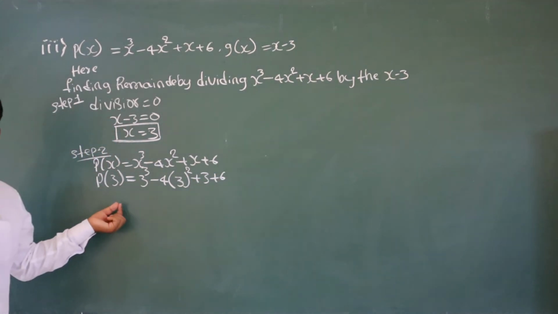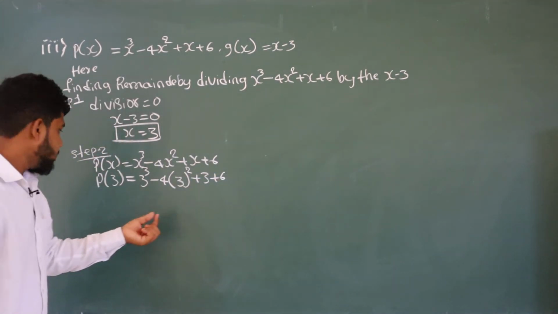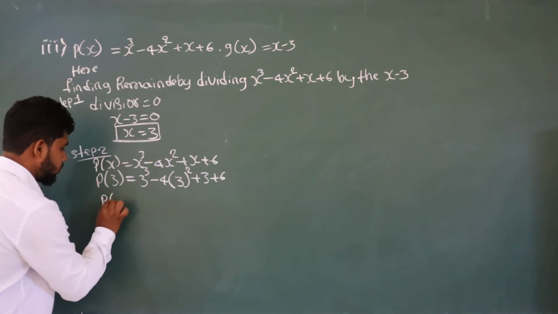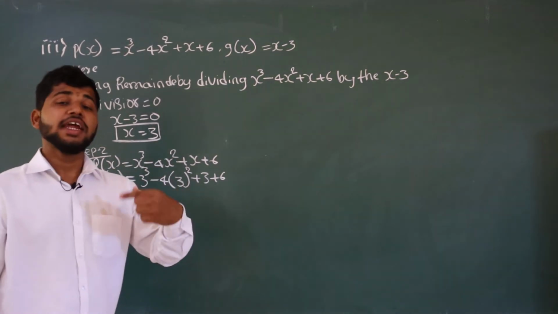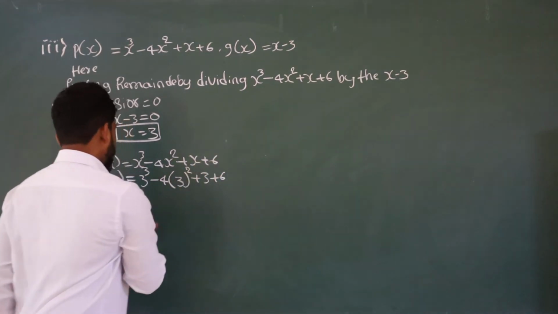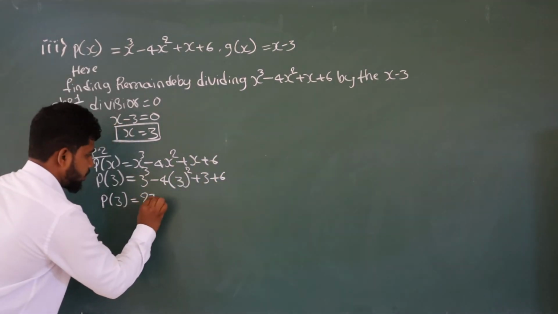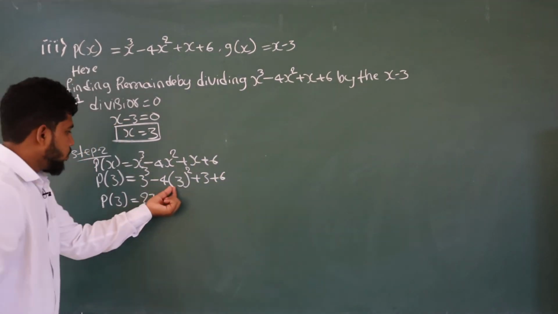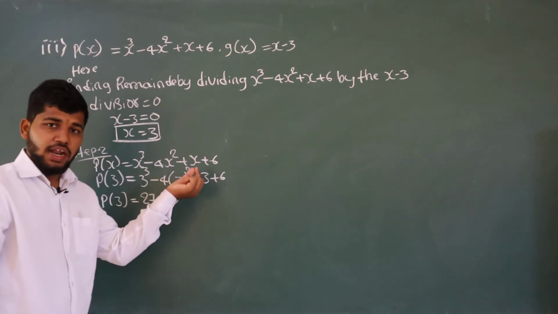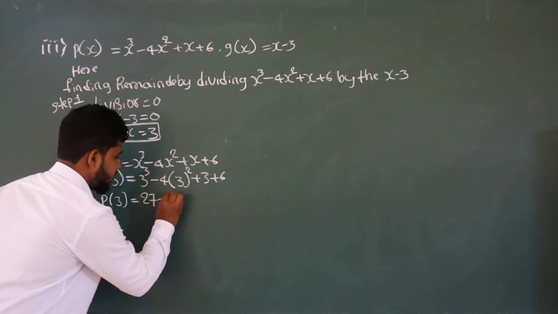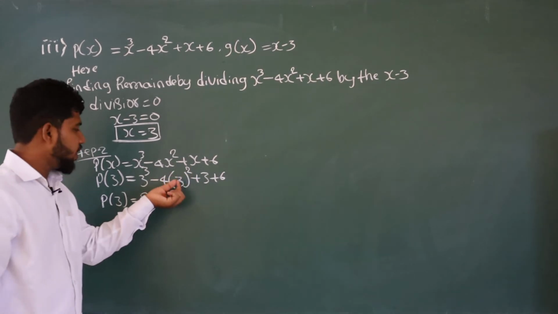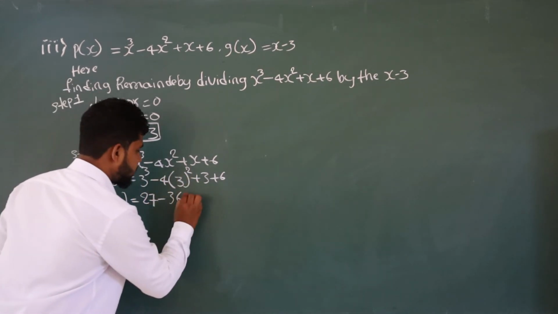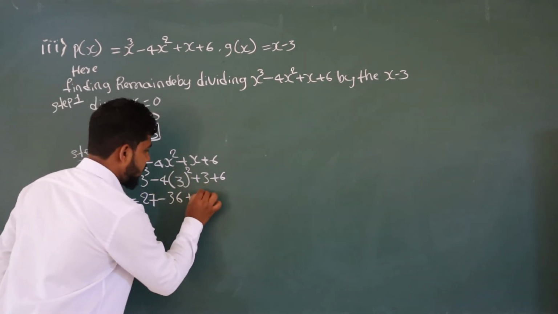If you multiply 3 into 3 times, you get 27. Minus, 3 square is 9, into 4 is 36, plus 3 plus 6 is 9.